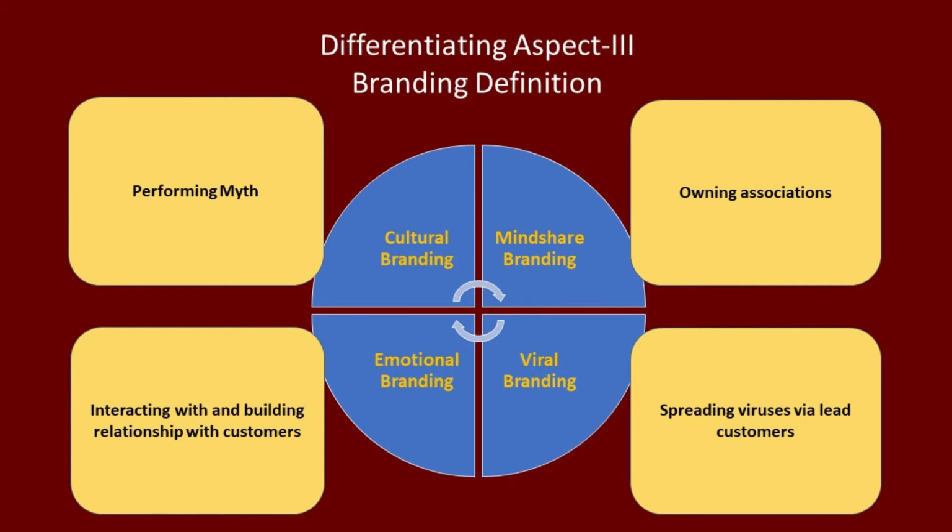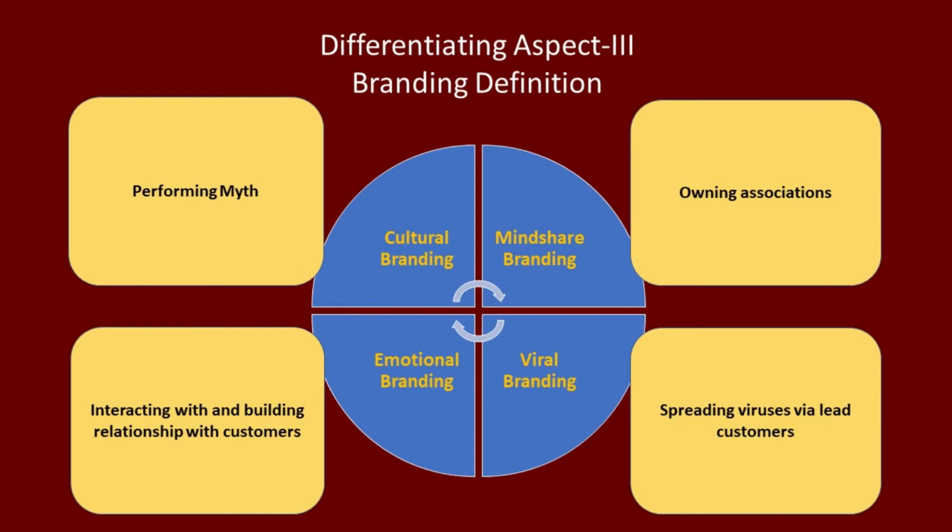Whereas when the marketing activities are based on the mindshare branding model, the branding process is focused on developing associations. The branding process is centered towards developing relations with consumers when the marketing activities are based on the emotional branding model, and when the marketing activities are based on the viral branding model, the branding is mainly about spreading viral messages via lead customers.